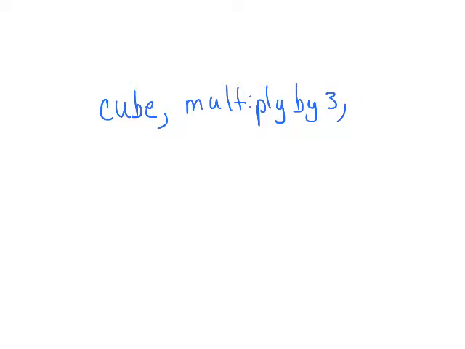So to write the steps, you could say cube, comma, multiply by 3, or you could also say triple, and then add 8. So that's a way of writing rules from functions or determining functions from rules.